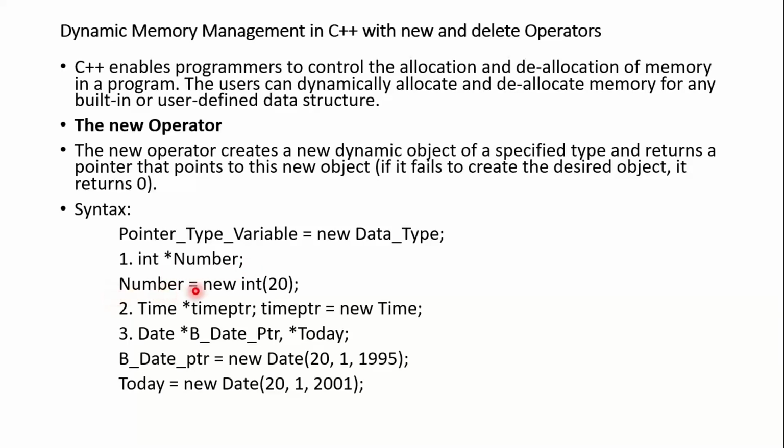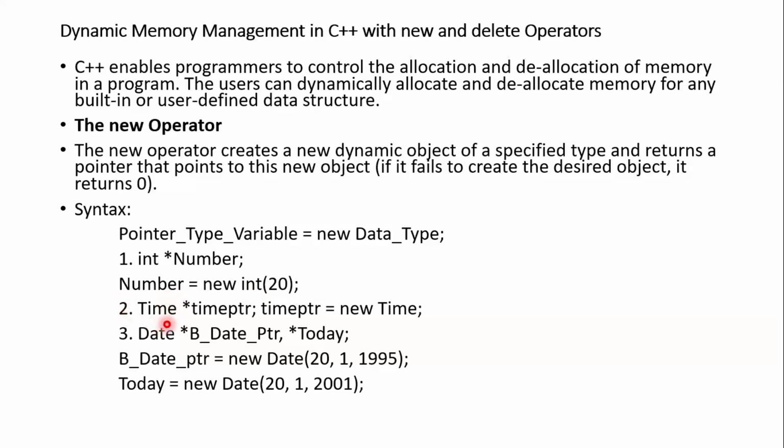In this pointer, what are you storing? new int(20). So 20 is the value that you are storing in this pointer. And this pointer is of which data type? Int data type. So this new will allocate memory to this number and store the value 20 in this number.